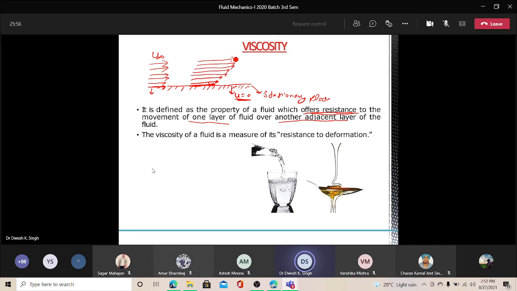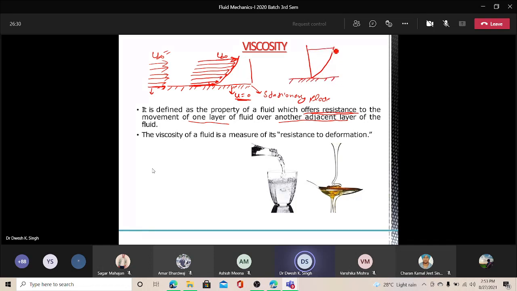And a distance comes where the velocity of the upper layer will be equal to the initial velocity. That u infinity is the initial velocity with which the fluid was moving before coming into contact with the plate. So if you plot this graph, you will find a curve like this. This is your plate.